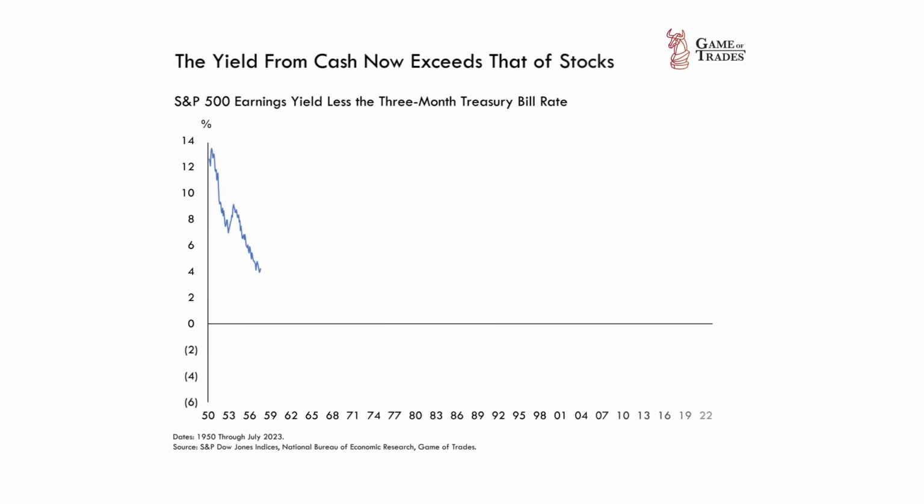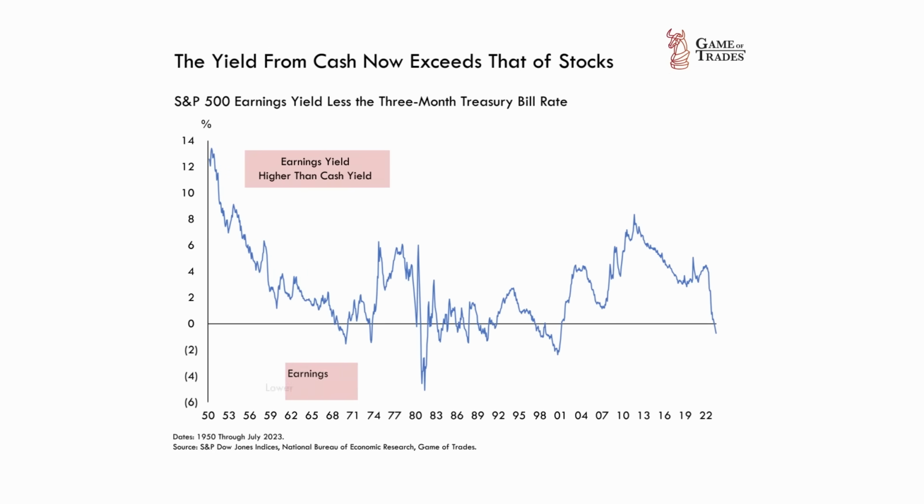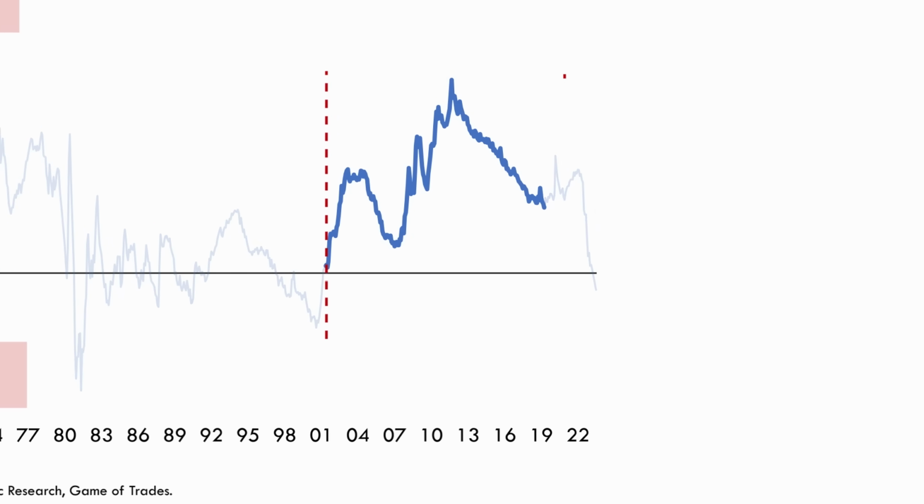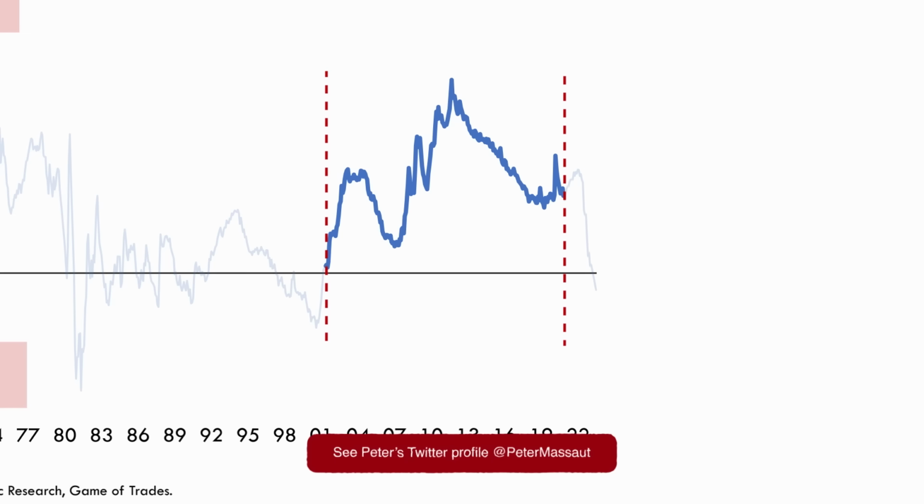So when you actually compare the S&P 500 earnings yield to the short-term rate or the 3-month treasury bill rate that is set by the Federal Reserve, stocks have actually been pretty cheap between 2001 and 2021. The very low interest rates set by the Federal Reserve incentivized investors to hold stocks despite high valuations, because the S&P 500 earnings yield during that period was still lower than the yield that you got for holding cash.